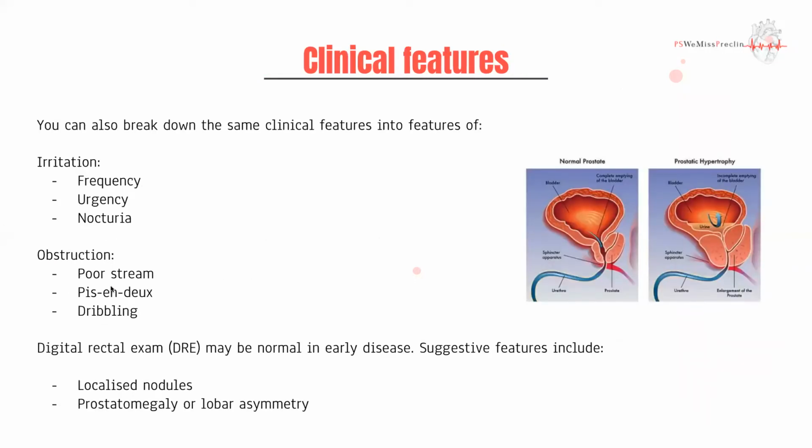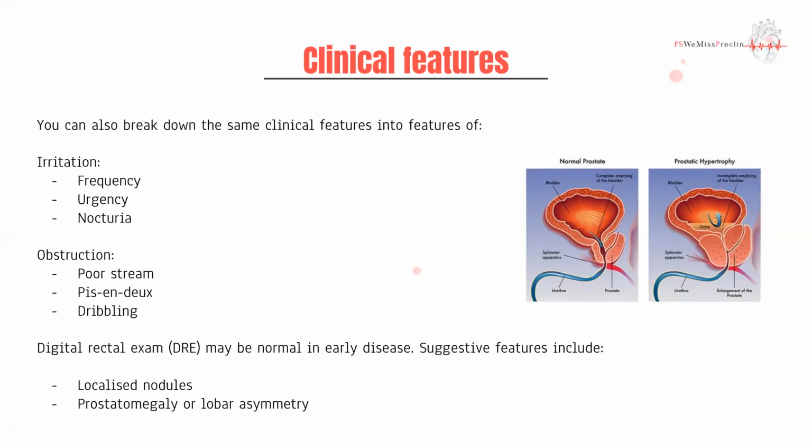In terms of clinical features, again, it's going to be quite similar, with a DRE often being normal in early stages of disease because the size of the nodule might not be significant enough. Suggestive findings of prostatic cancer on a DRE include localized nodules and prostatomegaly.